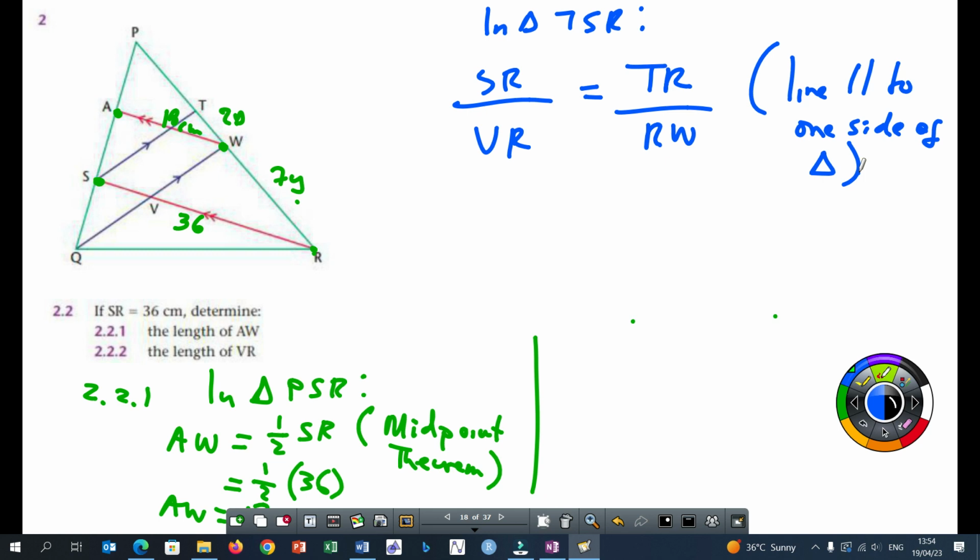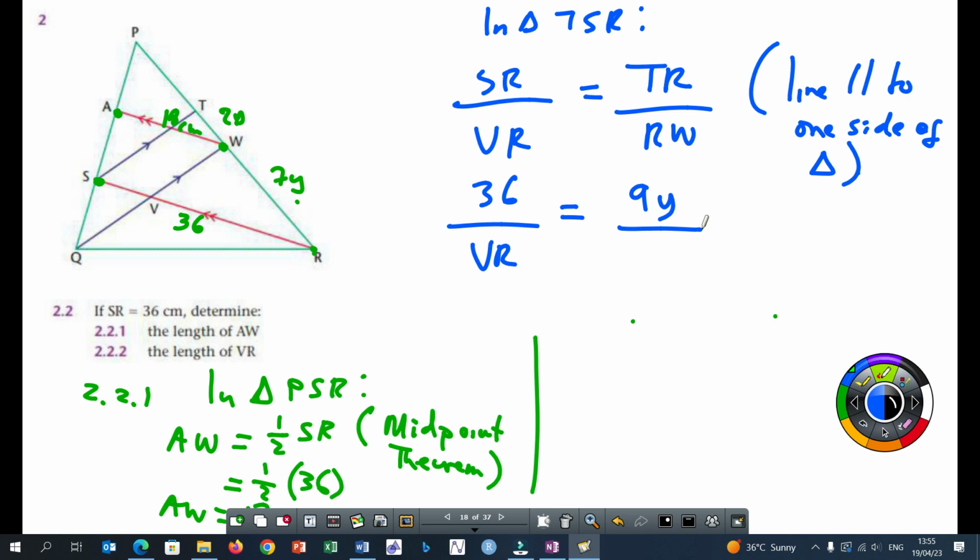So what is SR? SR is 36. We want VR. Now, coming back to our last lesson, the concept of the constant is very helpful here. Because when I put TR as 2y plus what, you get, right?